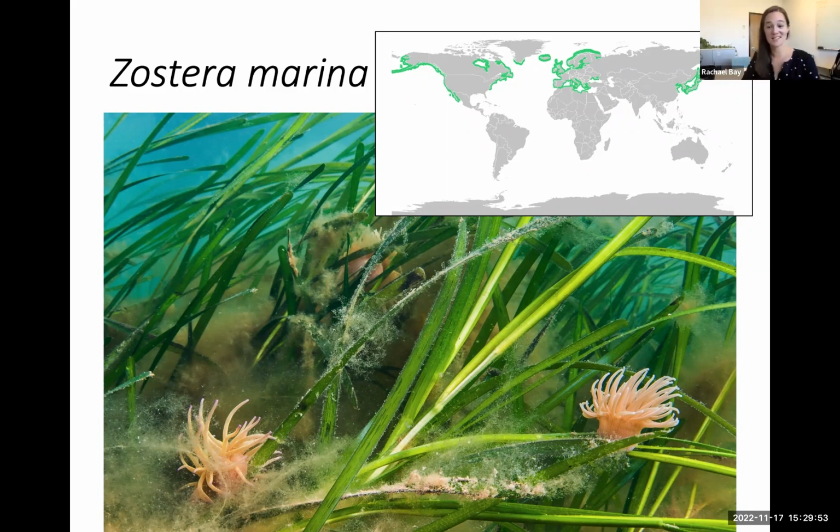But eelgrass beds are actively restored, and they do this by transplanting individuals from healthy meadows. So one of the questions is, can we do this in a more informed way in order to increase resilience to climate change? And from the perspective of an ecological genomicist, can we use genomic data to predict something about how those plants will respond to climate change?